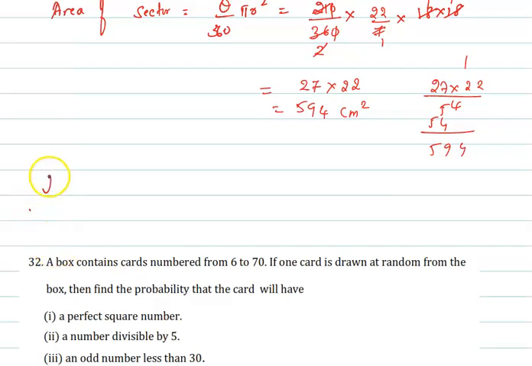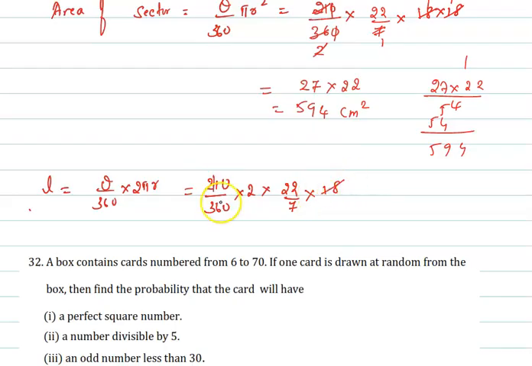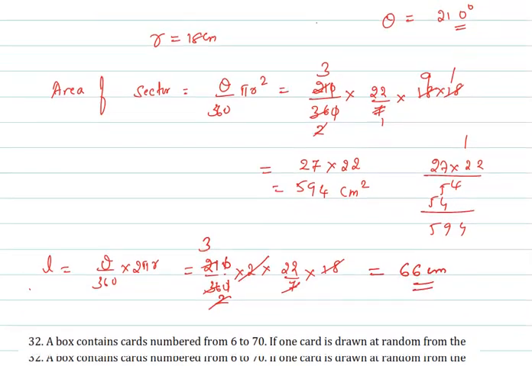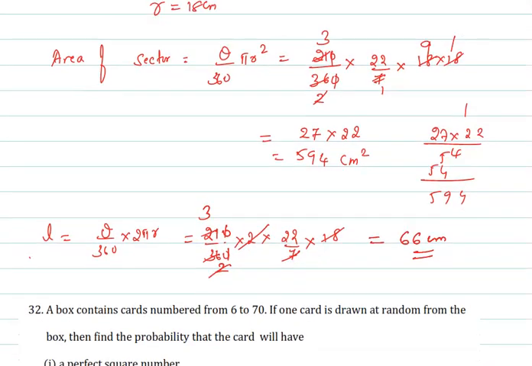The length of an arc we have to find out. L is equal to the same formula, but instead of area we have to take the perimeter. 210 divided by 360 into 2 into 22 by 7 into radius 18. The 10s get cancelled. 18 1s are 18, 2s are 2, 2 get cancelled. 7 1s are 7, 3s are... So 3 into 22, that is 66 centimeters is the length of the arc subtended by that angle theta in 35 minutes.